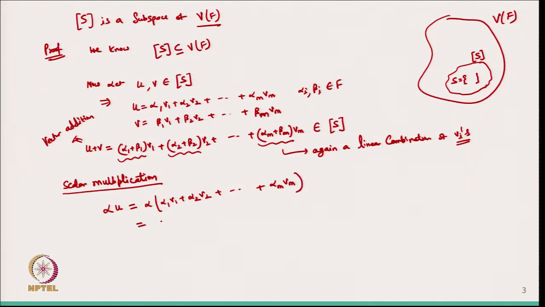So, I can multiply this as alpha 1 v 1 plus alpha 2 v 2 plus alpha m v m. So, I can write this one. Now, alpha into alpha i's, that also belongs to the field F, because it is a scalar.